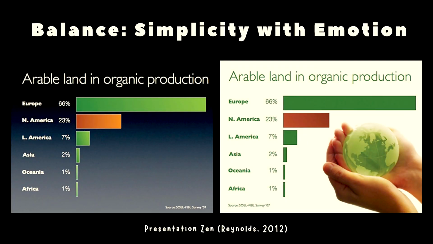Yeah. Good times though. All right, so if we move on, I'm going to show you another example from the Reynolds book about balancing simplicity with emotion, which is the sushi one. Again, we have a graphic element right here that incorporates well into the slide. So again, I'm going to recall what's the right tool to do this.